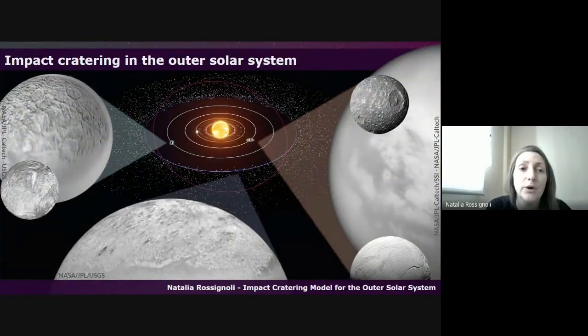So, modeling the impact cratering in the outer solar system is one of the main topics of my thesis, which is focused on modeling the origin and the evolution of the satellites of the outer solar system planets. And we think these satellites are very special because their impact histories can tell us a lot about very small body populations that act in this region of the solar system.